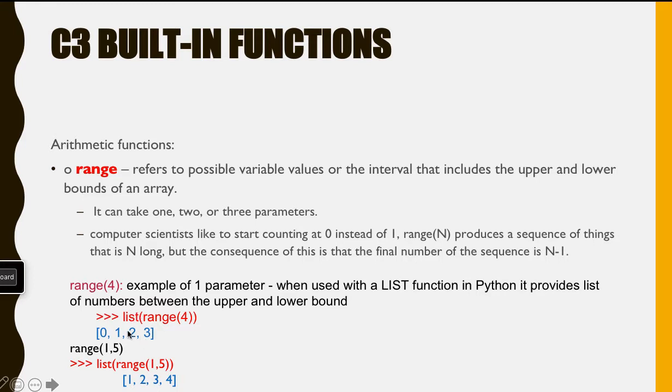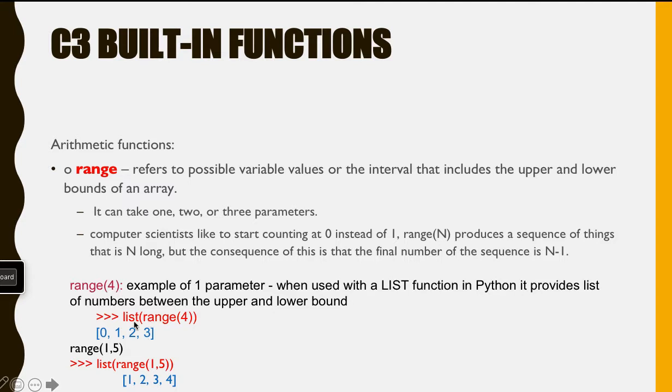The reason we say that number minus 1 is because 0 is included, so it's giving us 4 elements, 0, 1, 2, 3, except the 4 itself terminates it.